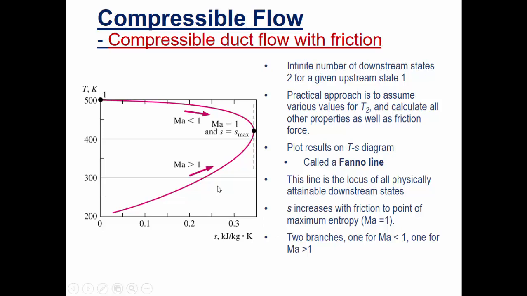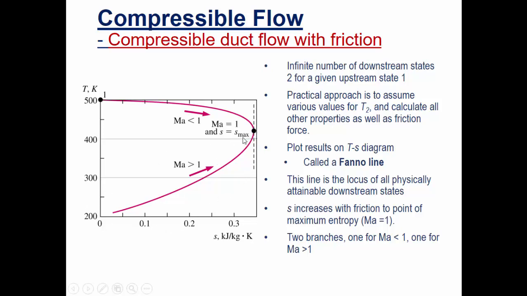We can see that when you look at the Mach number equal to 1 here, this is the point of maximum entropy. And when you look at the line representing Mach number less than 1, you can see that the entropy is increasing as the Mach number approaches 1, but it behaves the opposite way for Mach number more than 1, which is the supersonic flow.